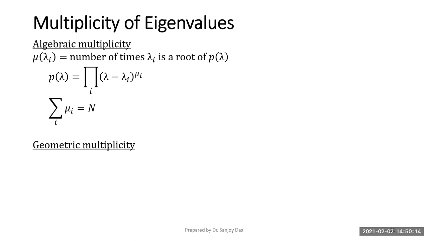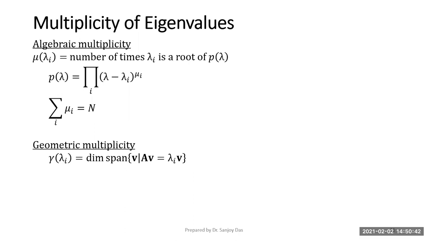Even though the eigenvalue lambda 1 occurs 3 times, there could be 3 different corresponding eigenvectors, right? Or there could be 2 linearly independent eigenvectors, all these cases. So the geometric multiplicity of lambda i is the dimension of the span of the eigenvectors.